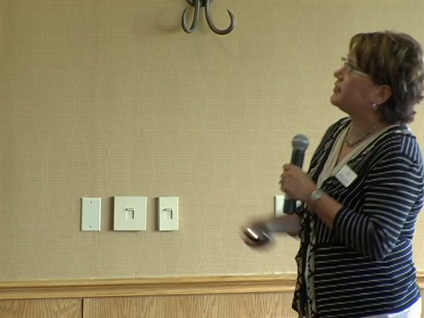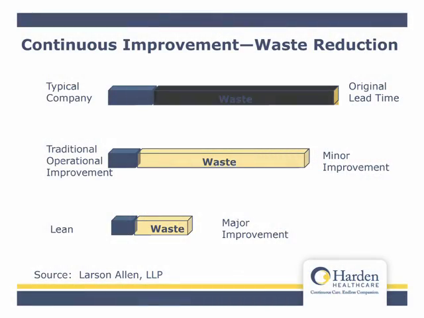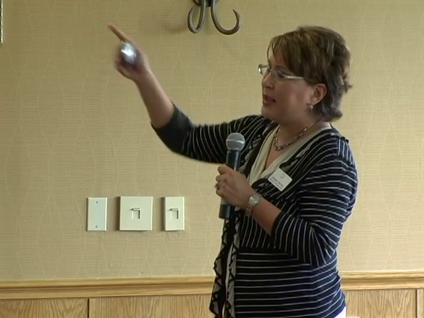Now this chart depicts how that might translate into business improvement. It's a little clunky, but a typical company has lots of waste in their process and their lead times. The blue section is the value-added part of that process, and the yellow section is the waste.